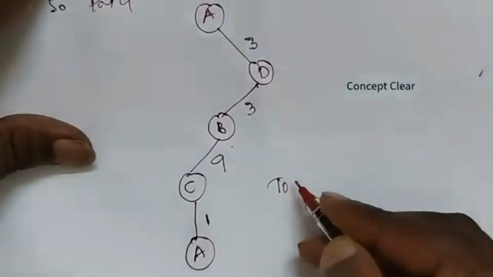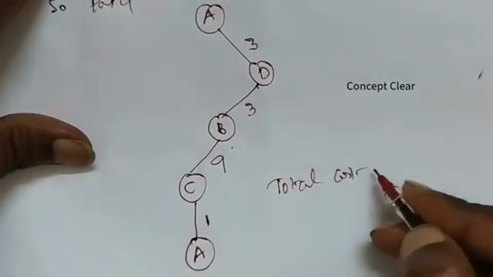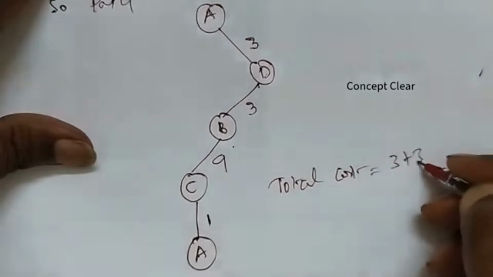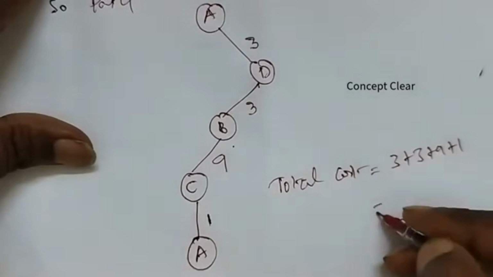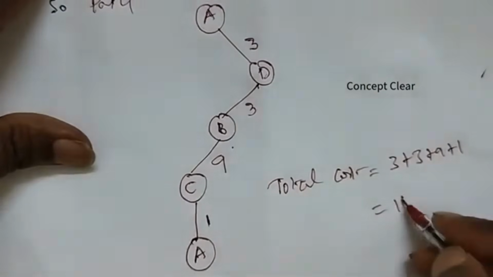So what is the total cost? Total cost is 3 plus 3 plus 9 plus 1, that equals 16.